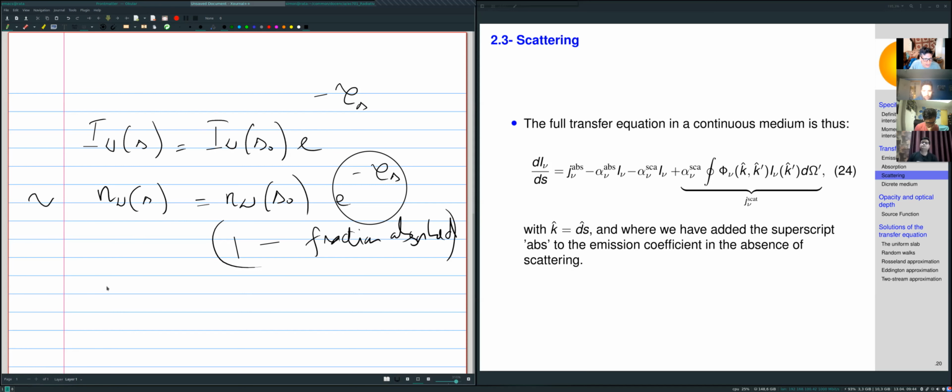So we can see that in the optically thin limit, if tau_nu is much less than 1, then tau_nu is the probability of absorption.